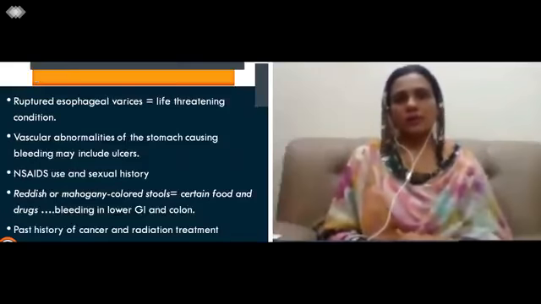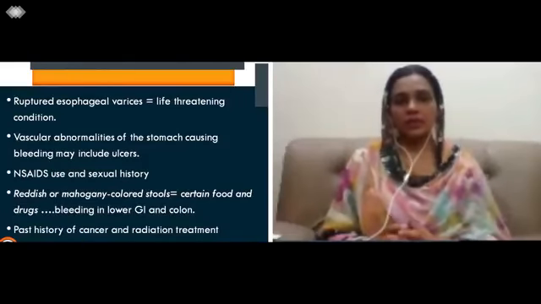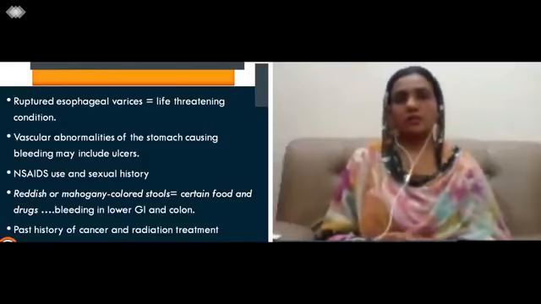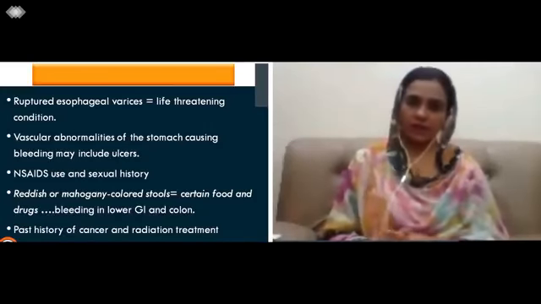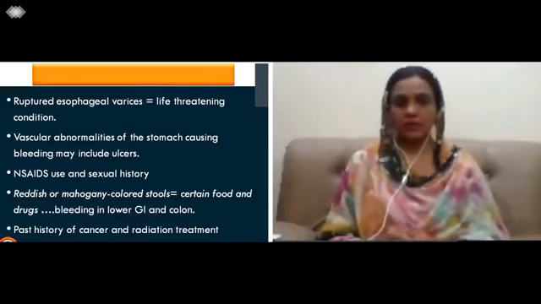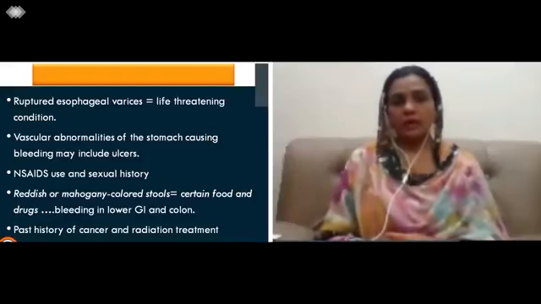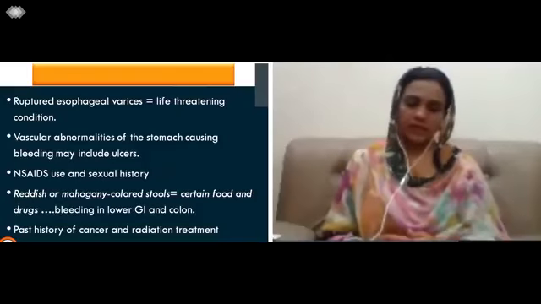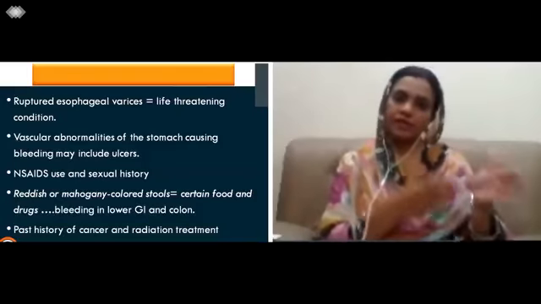Coming towards the cases where you can have melena, where your upper GIT is involved, you can have ruptured esophageal varices. It is a very life-threatening condition. As you know, varices come from the term varicose veins. Most of the time, esophageal varices are caused as a sequel of liver cirrhosis.